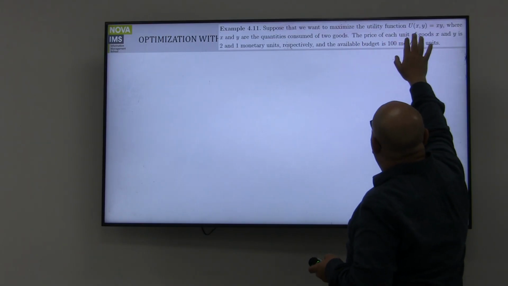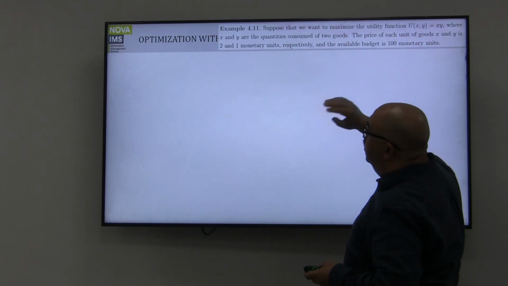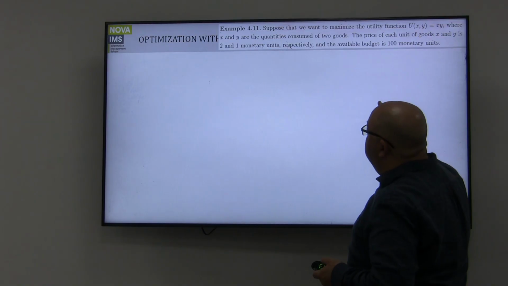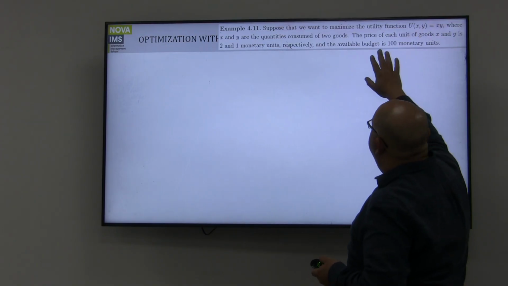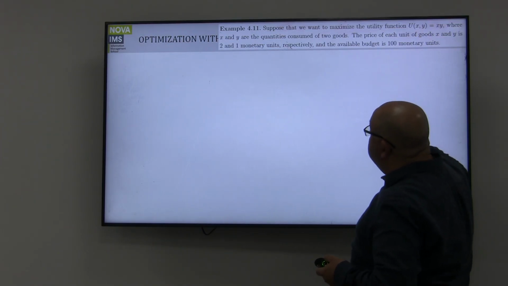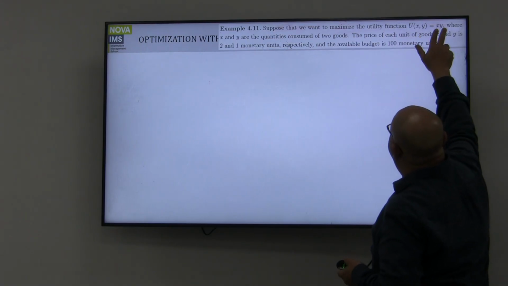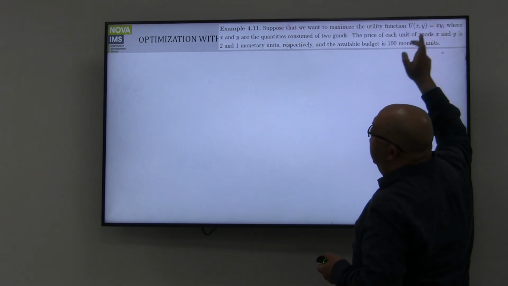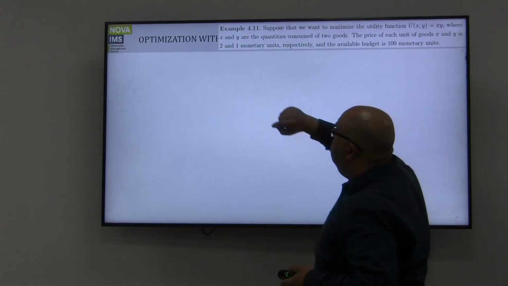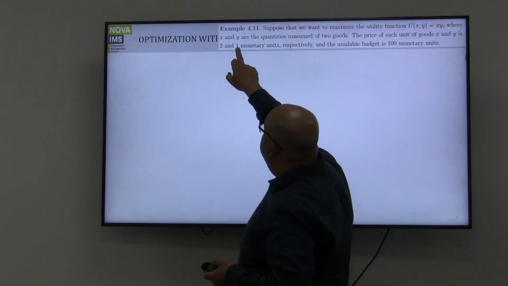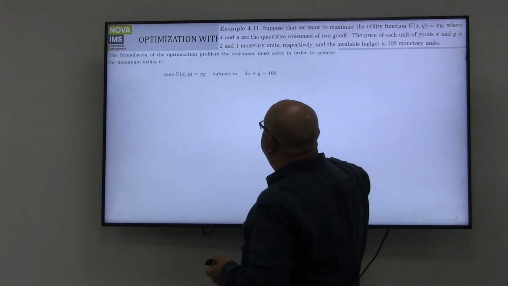The price of each unit of goods x and y is 2 and 1 monetary units respectively, and the available budget is 100, which means I need to find the optimal solution of x times y under the constraint 2x plus 1y is equal to 100.